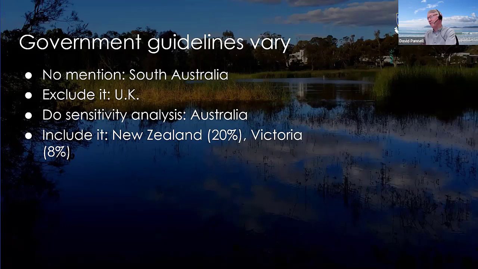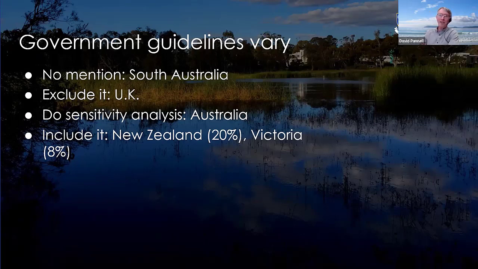Do a sensitivity analysis with it included and excluded, and present that to decision makers. That's except in Victoria. In Victoria, the advice is to include it, but include it at 8%. So that seems like a bit of a cop-out too. You saw that 8% was the very lowest number from the Henry Tax Review. I think if you're going to include it, you should include it at a realistic, sort of a median or average level. New Zealand says include it at 20%.